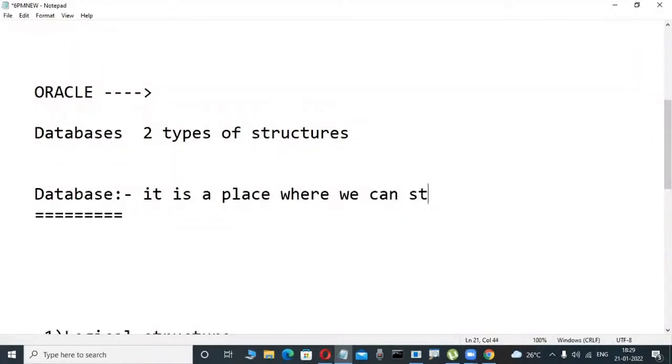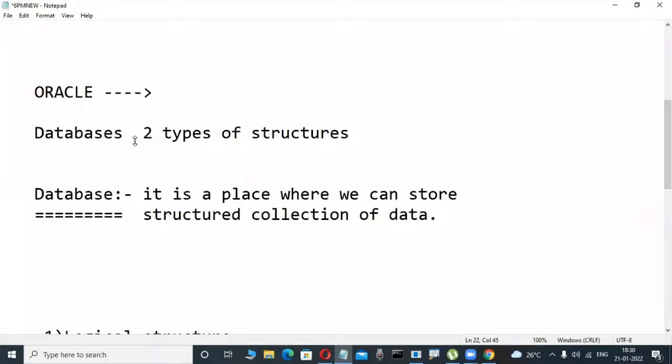They are telling only that: where we can store a structured collection of data. What is data? What is information? What is DBMS? That is later.